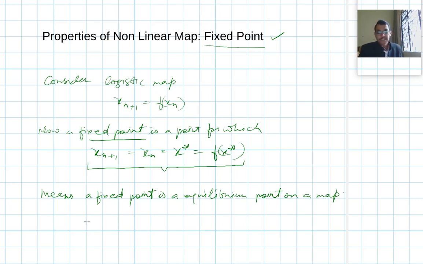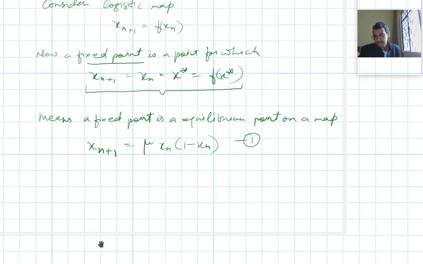So consider a logistic map which we have considered in the earlier lecture. It is x_{n+1} = mu x_n (1 - x_n). Let us call this equation number 1. Now for a fixed point, x_{n+1} must be equal to x_n, which is equal to x*, or f(x*).